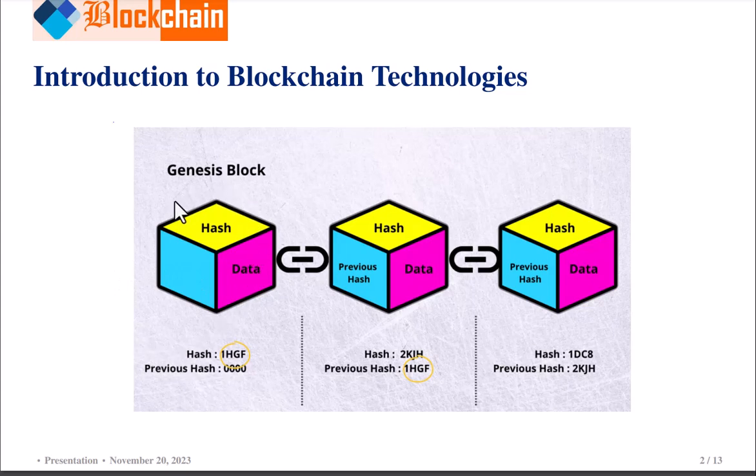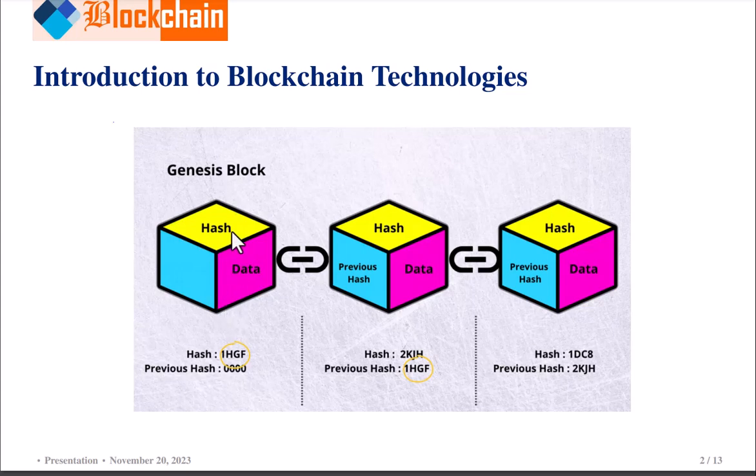Since this one is the first block, the previous block has no address, all are zeros here. And this is the hash or the address of this current block.